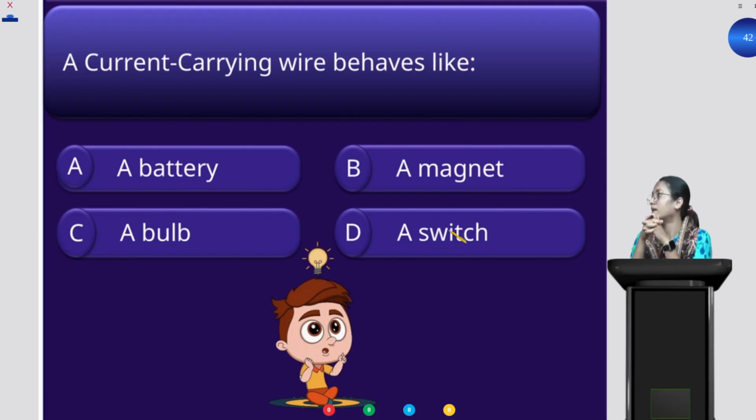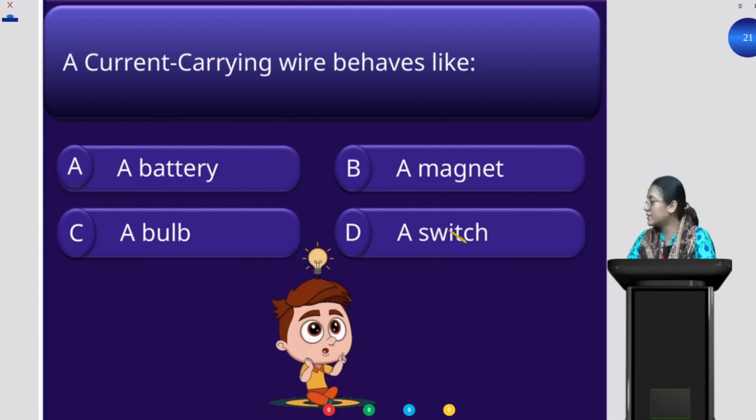How does it behave? Your time already started, okay? Try to answer. A current carrying wire behaves like a battery, a magnet, a bulb, or a switch? Which one will be the right answer? Try to answer, everyone, okay?